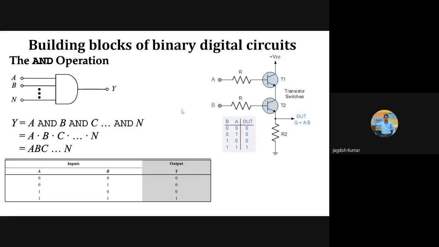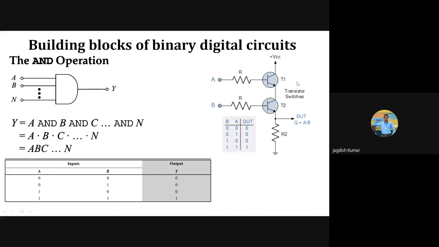Now try to imagine 1 bit, then 1 byte, then 1 kilobyte, 1 megabyte, 1 gigabyte. So how many zeros and ones are there in 1 gigabyte? And then how many zeros and ones must be stored in your 16 gigabyte memory card? This number is very fascinating, right? So now you can realize how many circuits must have been synthesized in that small chip of 1 centimeter by 1 centimeter. So that's something interesting.